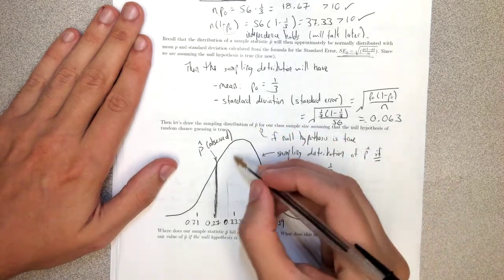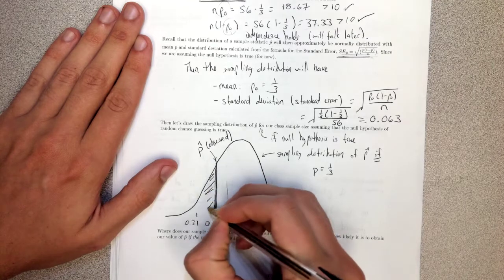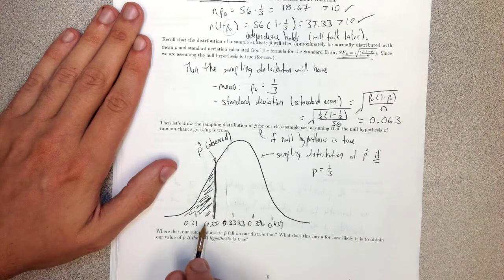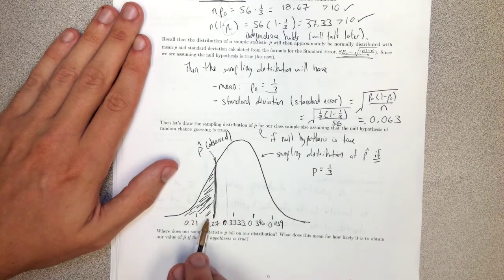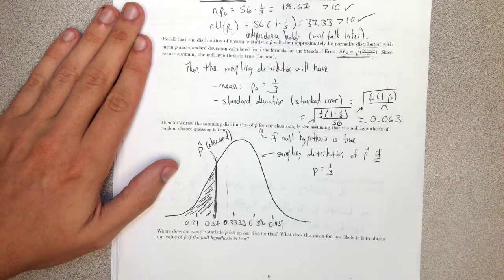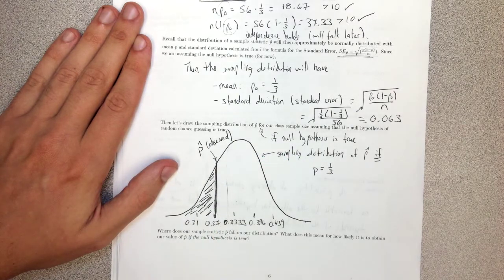Well, more in favor of the alternative is going to be stuff that's away from what the null hypothesis is. And so it's going to be any stuff over here, because that's going to be more in favor that the proportion is different than a third than what we actually observed, which is this line with the 0.27.